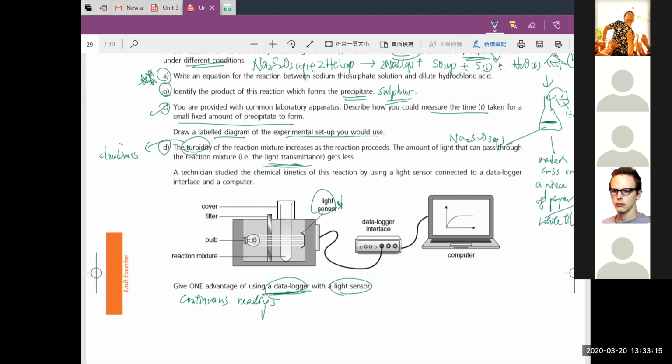If you have continuous readings, and if your computer can manage, you can turn the data into a graph. You can do such data recording automatically. So this is what I would like to share with you. This is about the term continuous measurements. Continuous measurements of the light transmittance can be made. Is that clear?